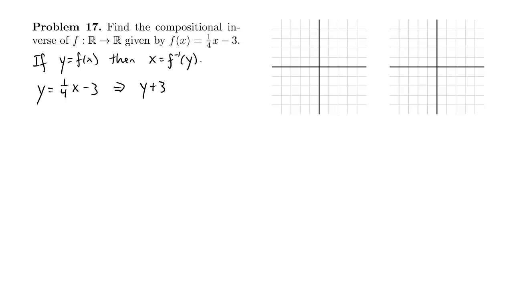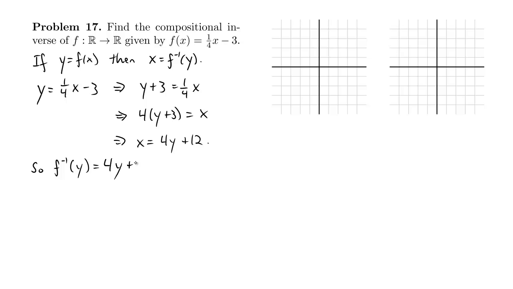If we move 3 over first, we get y plus 3 equals 1/4 of x. Next, I'll multiply by 4 to give 4 times (y plus 3) equals x, or x equals 4y plus 12. So this is f inverse. f inverse of y is 4y plus 12.